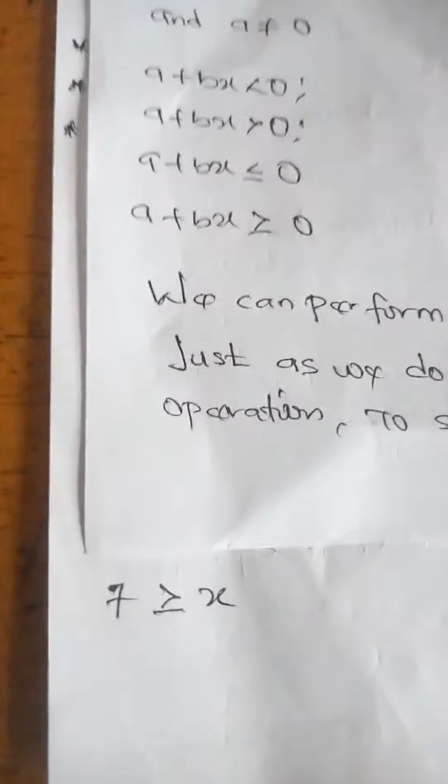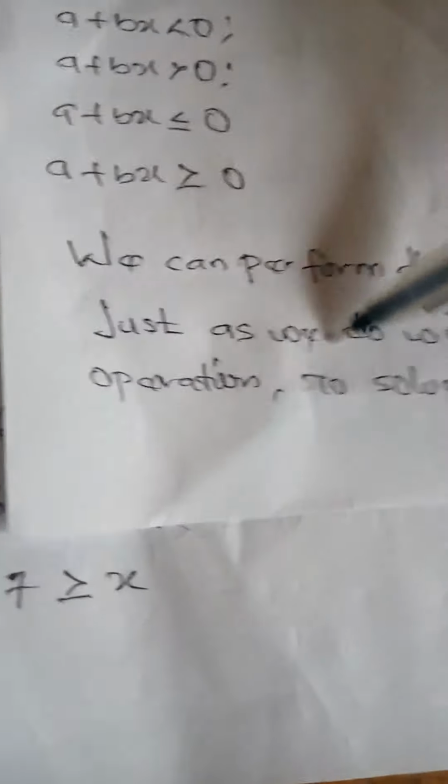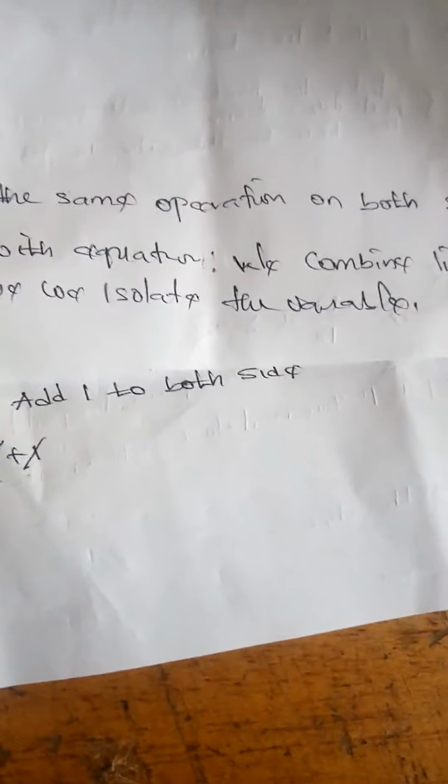Like that. So now, as for the other part, we can perform the same operation on both sides of an inequality, just as we do with equations. We combine like terms and perform operations to solve. We isolate the variable, and the variable is x. So to solve any equation, we have to isolate the variable, bringing x to one side of the equation on its own, and the numbers to the other side.